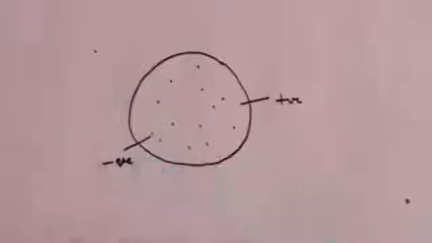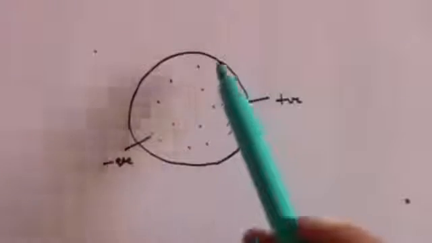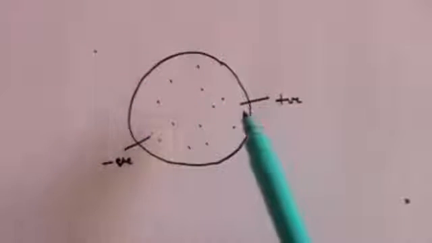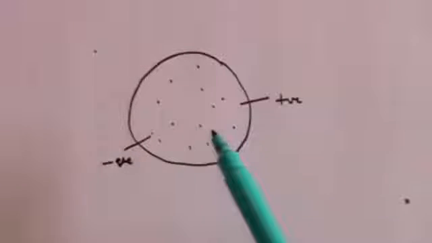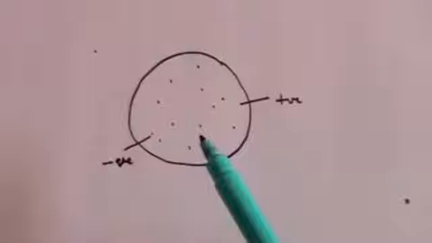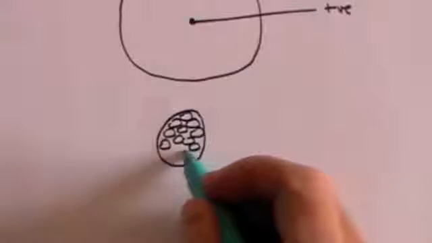That gave rise to what's called the plum pudding model or the currant bun model, where the bulk of the atom is regarded as the pudding, the positive dough, and the dots in the atom are regarded as the negatively charged plums or raisins or currants.